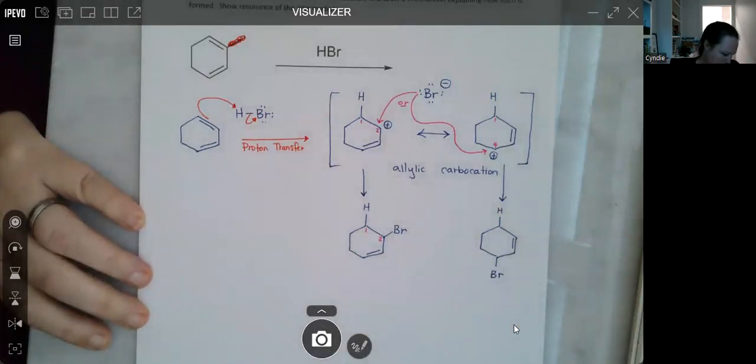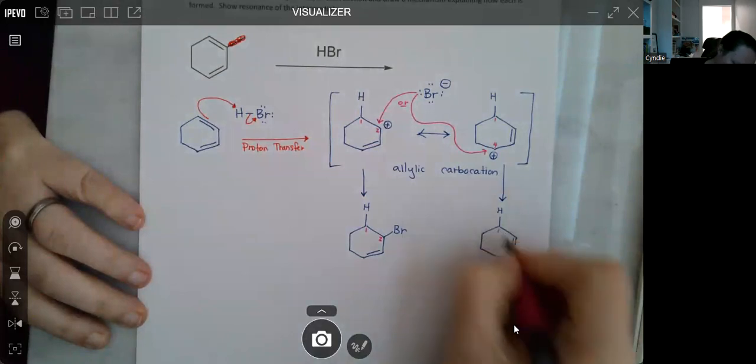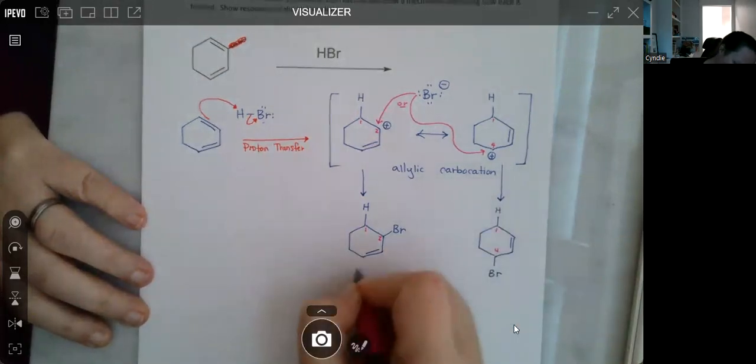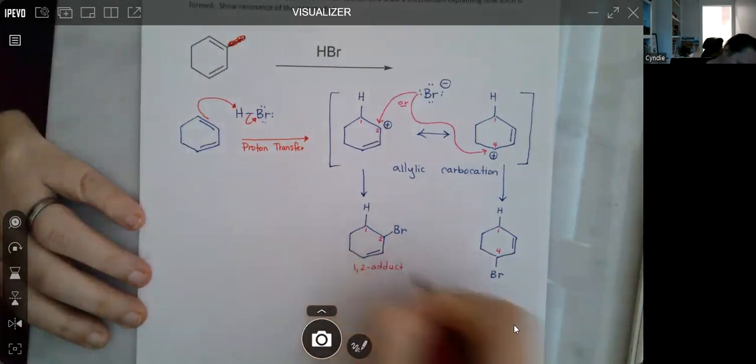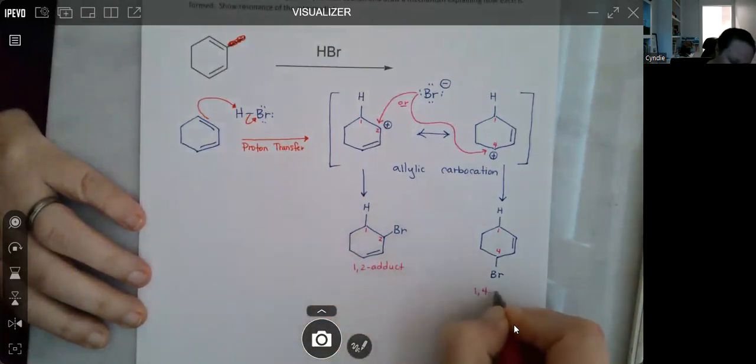So this technically is the 1,4 adduct, but you might be noticing something already that I haven't mentioned yet.